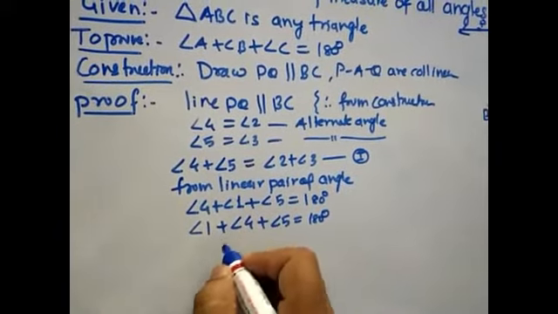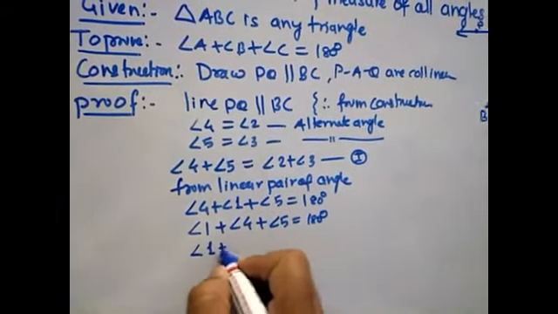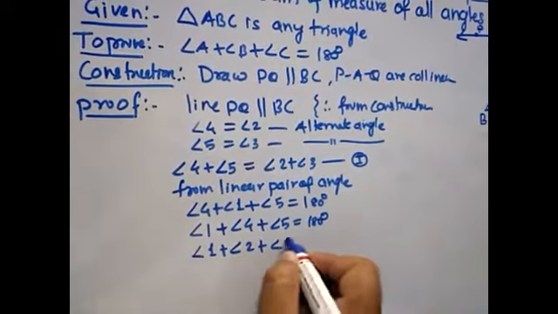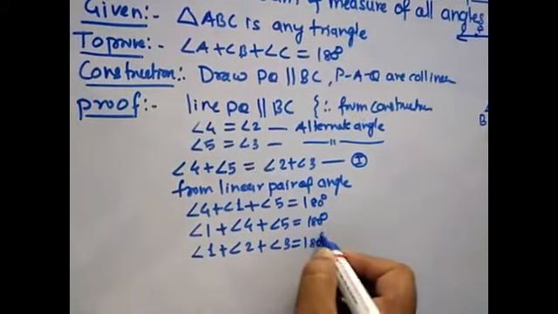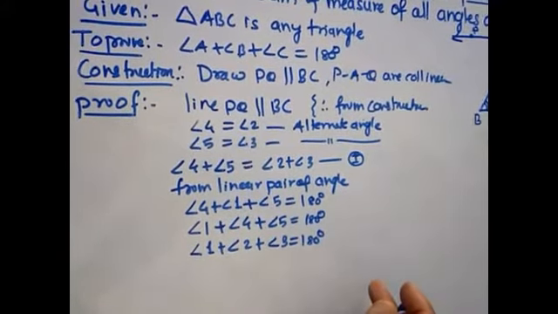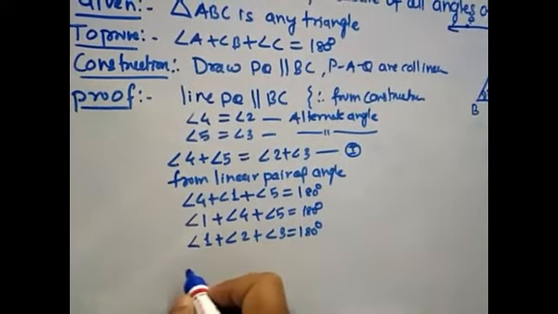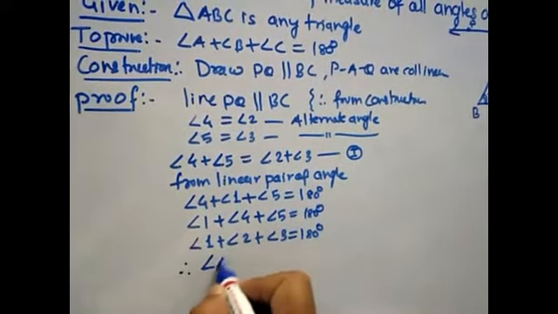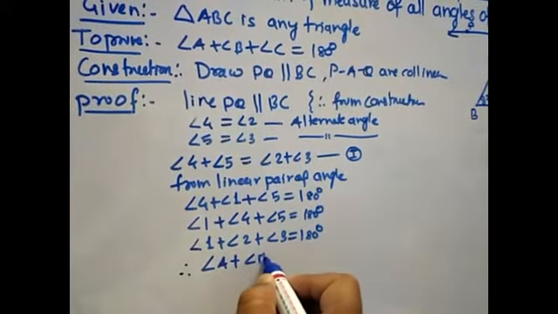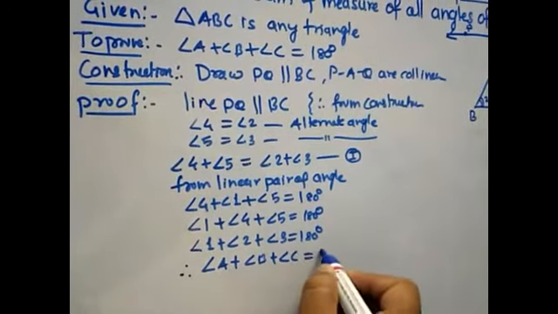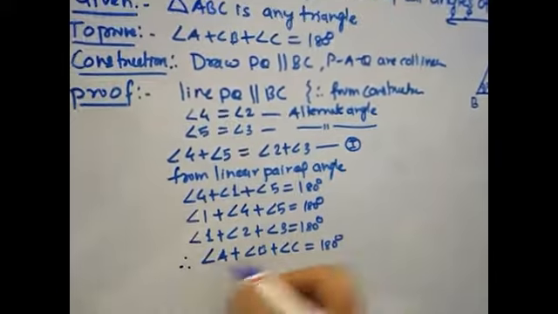And we know very well that angle 1 plus angle 2 plus angle 3 is equal to 180 degrees. So from that we write that angle A plus angle B plus angle C is equal to 180 degrees. In this way we prove it.